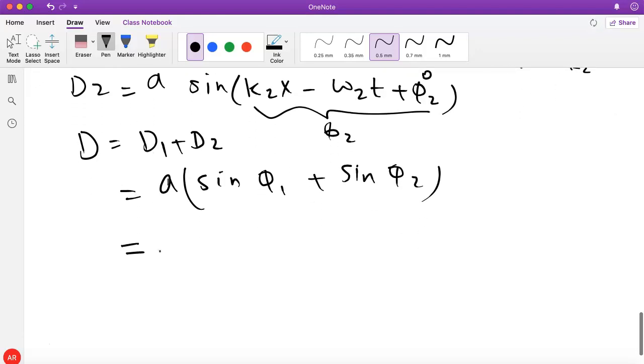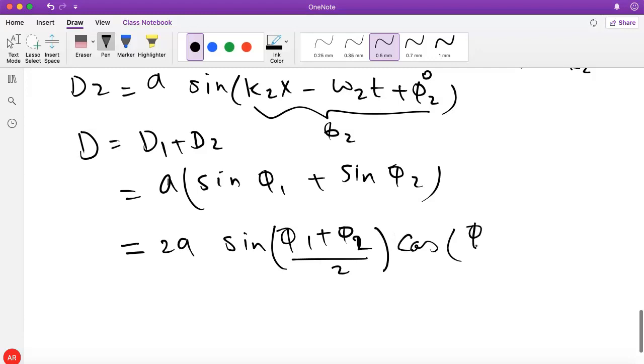If we remember the trig identity we used before, it's going to be 2a sine of the sum of the phases divided by 2, times cosine of their difference.